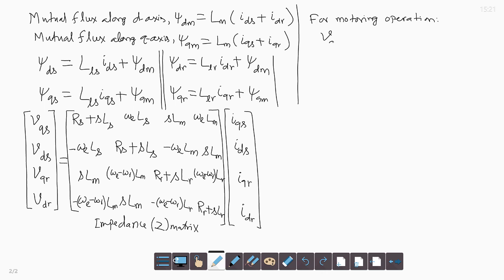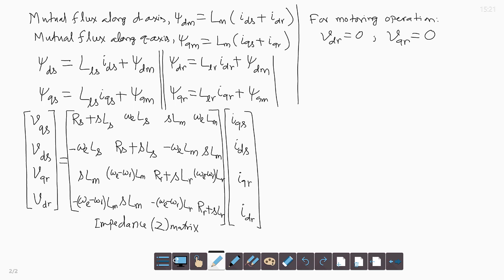So, VDR equals 0 and VQR equals 0. D and Q axis rotor voltages are 0 because the rotor circuit is closed, short circuited for the motor operation.